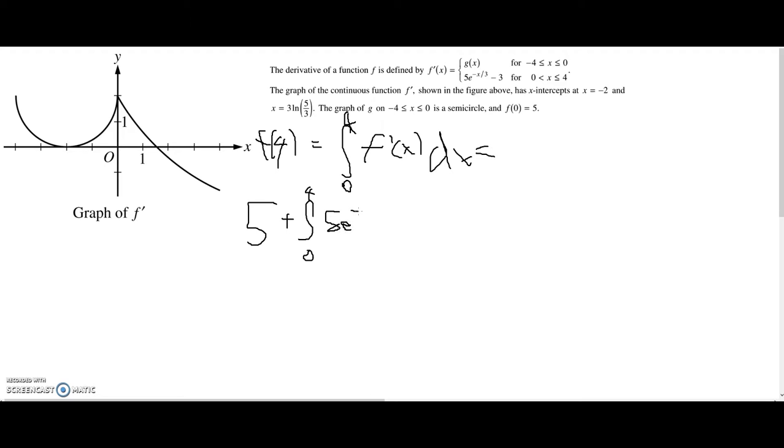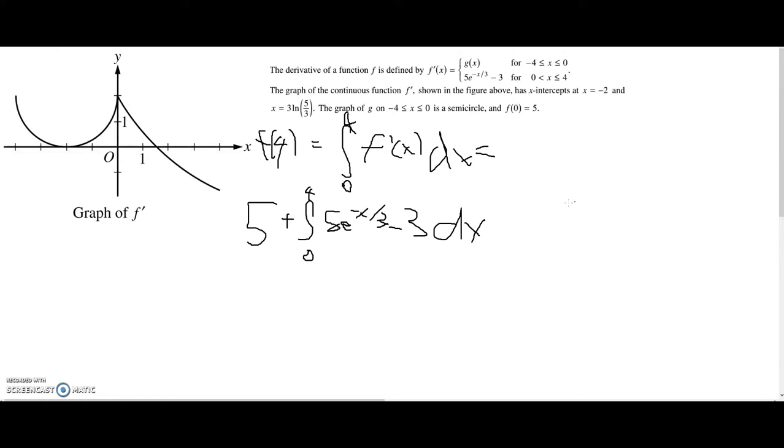So to find f of 4, we're going to take the integral from 0 to 4 of f prime of x dx, which can be simplified to 5 plus the integral from 0 to 4 of 5e to the negative x over 3 minus 3 dx.